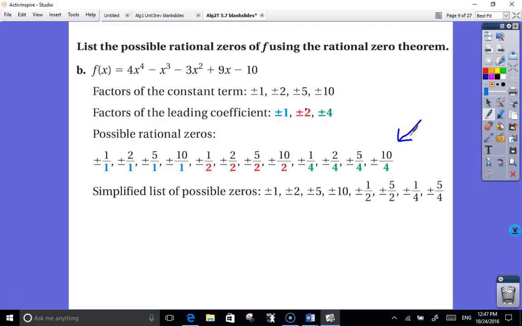So 2 over 2 is the same as 1 over 1, so you don't have to write that one down. 10 over 2 is the same as 5 over 1, so we don't have to write that one down. 2 over 4 is the same as a half, so we don't have to write that one. And 10 over 4 is the same as 5 halves. So knock out the duplicates, and that leaves you with this list of possible rational zeros.